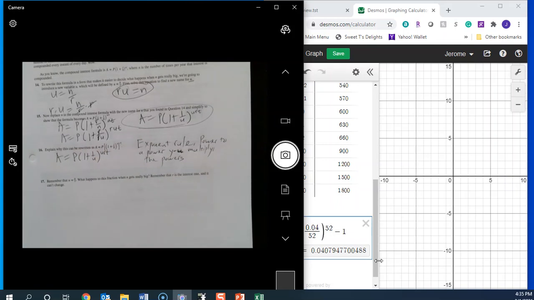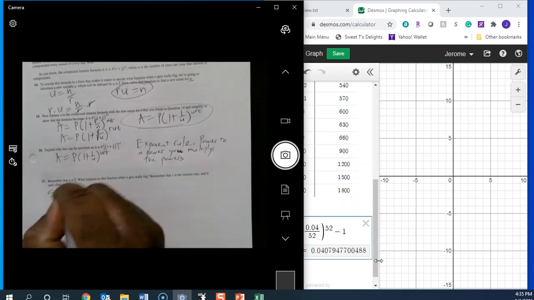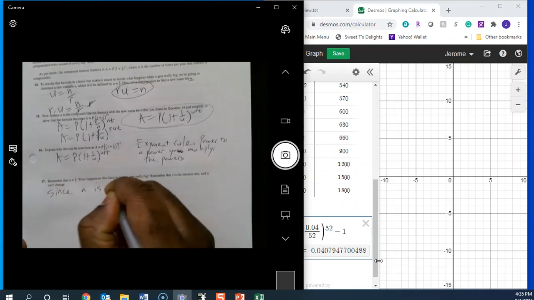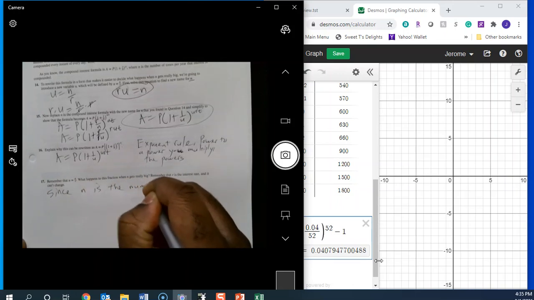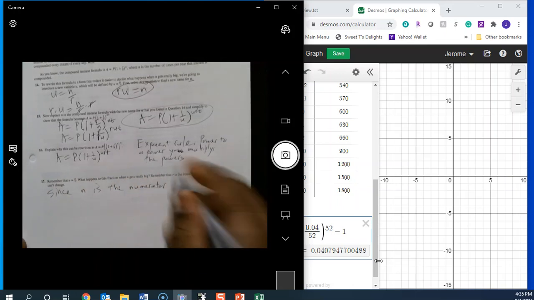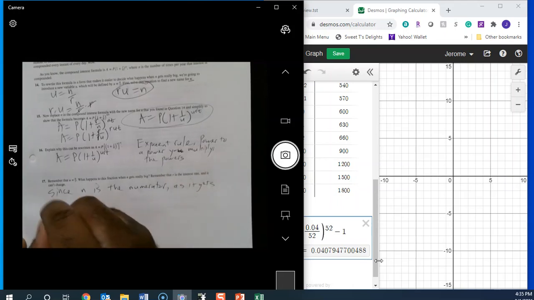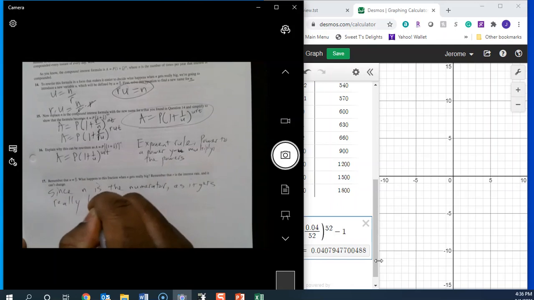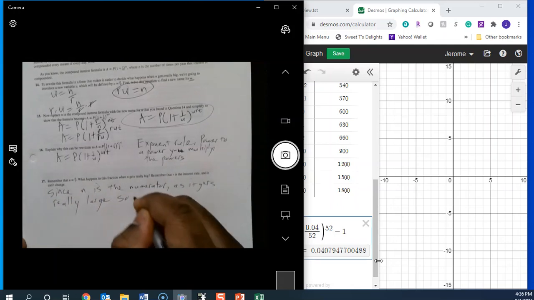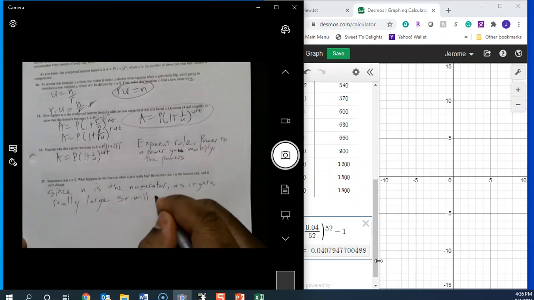Okay, now 17, remember that u is equal to n over r. What happens to this fraction when n gets really big? Remember that r is the interest rate, and it can't change. Since n is the numerator, as it gets really large, so will u.